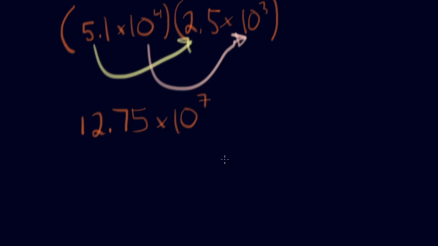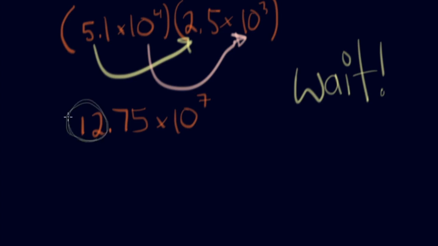Wait a second. Wait. Is this in scientific notation? It is not. Because it's 2 digits. There's 2 digits here, isn't there? And we can't have 2 digits. We must only have 1 digit. So what to do? Well, we have to move our decimal.